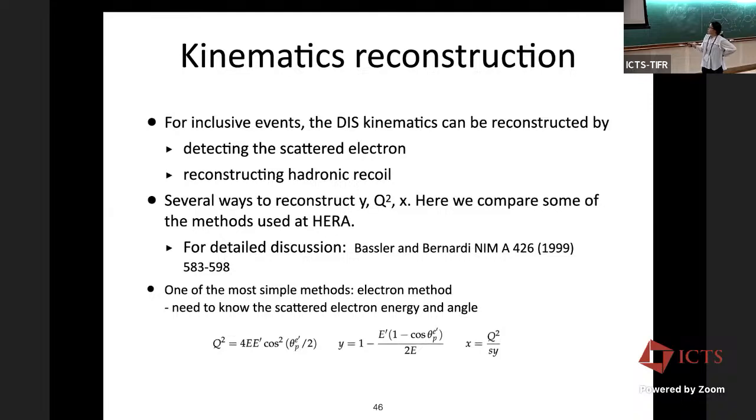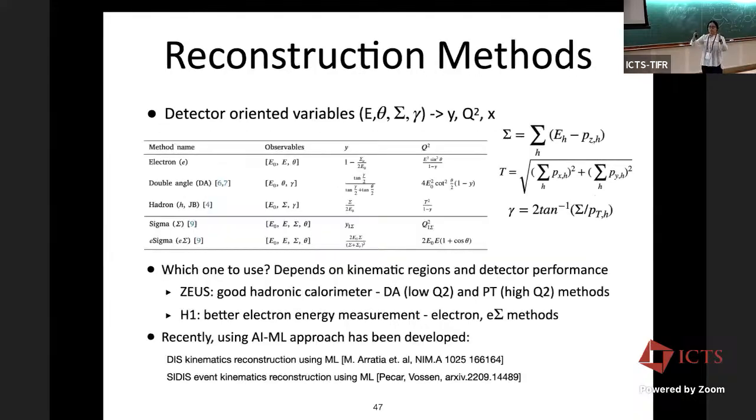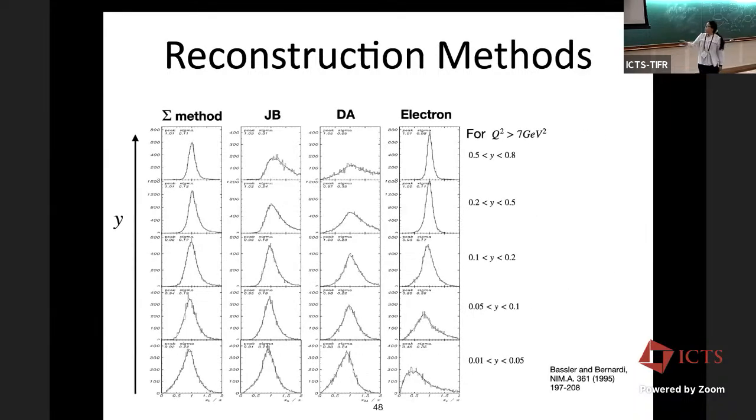the measurement of y in the small region will have a term that's smaller, so it's going to have a worse resolution there. That's why you have this worse resolution here for the electron method.